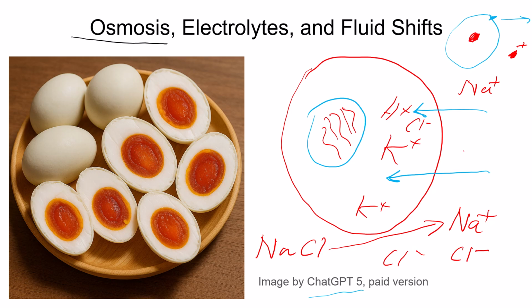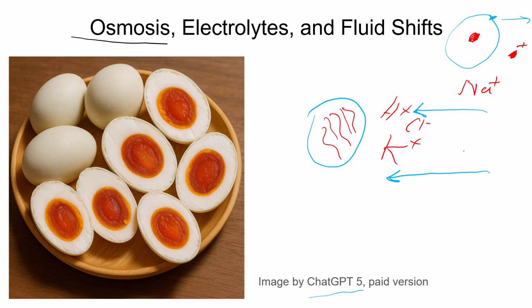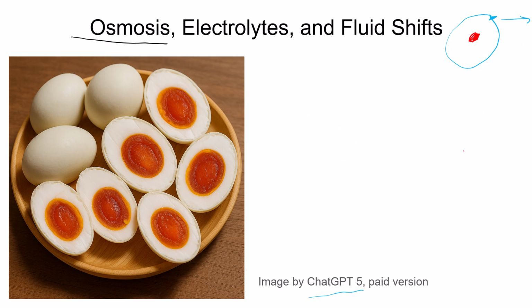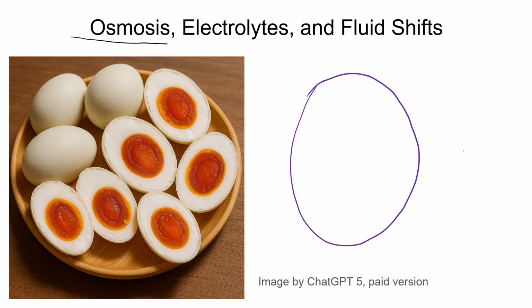And so when we have an egg in the water, it's kind of like a cell, like we just talked about. So I'll draw here for us an egg. So let's imagine here we have a large egg. And here's the yolk in the egg.